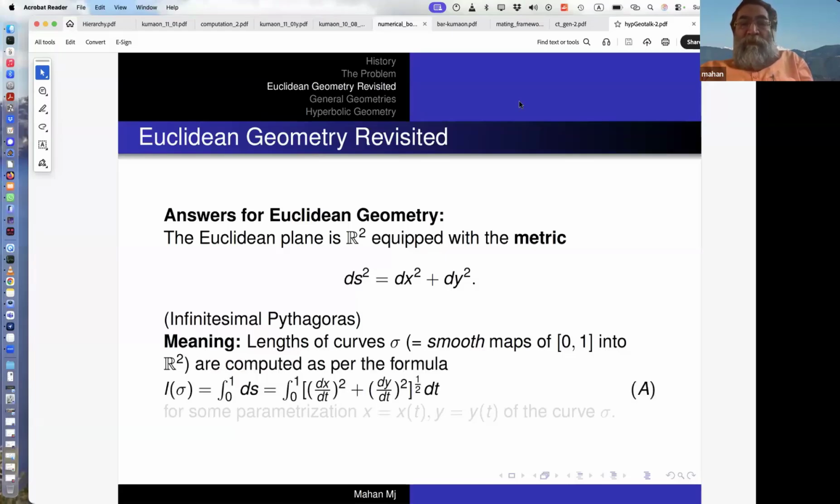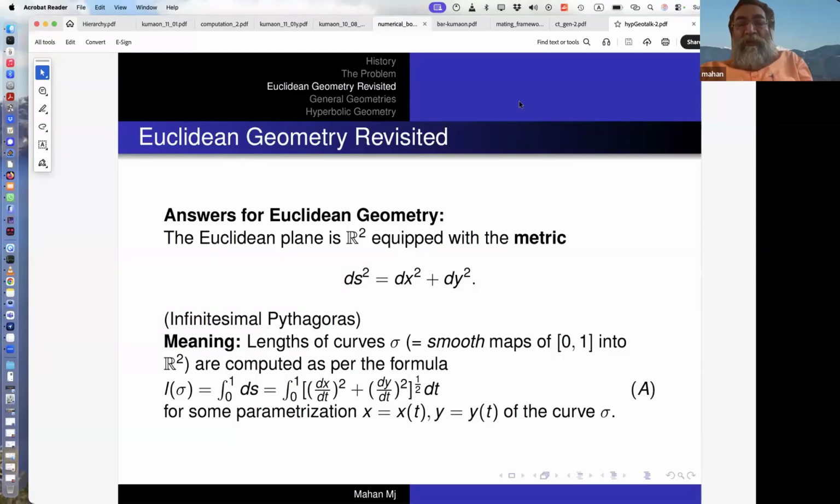Length of a smooth curve is the integral from 0 to 1 of ds. So this ds is an elemental length of an arc. So how do you do it? You basically parameterize the curve, x equal to x(t), y equal to y(t) for this curve sigma. So it's a parameterized curve now.